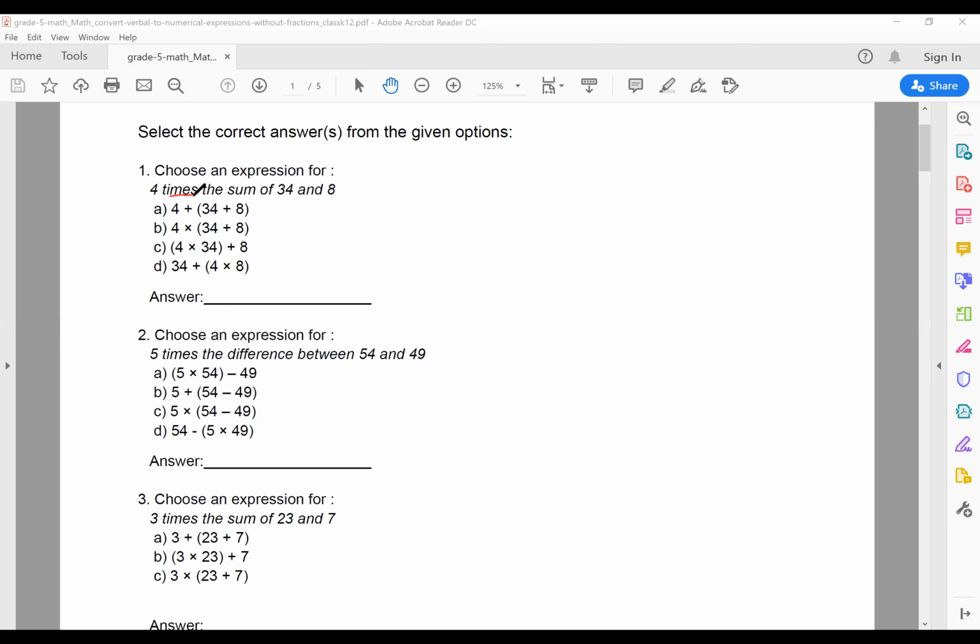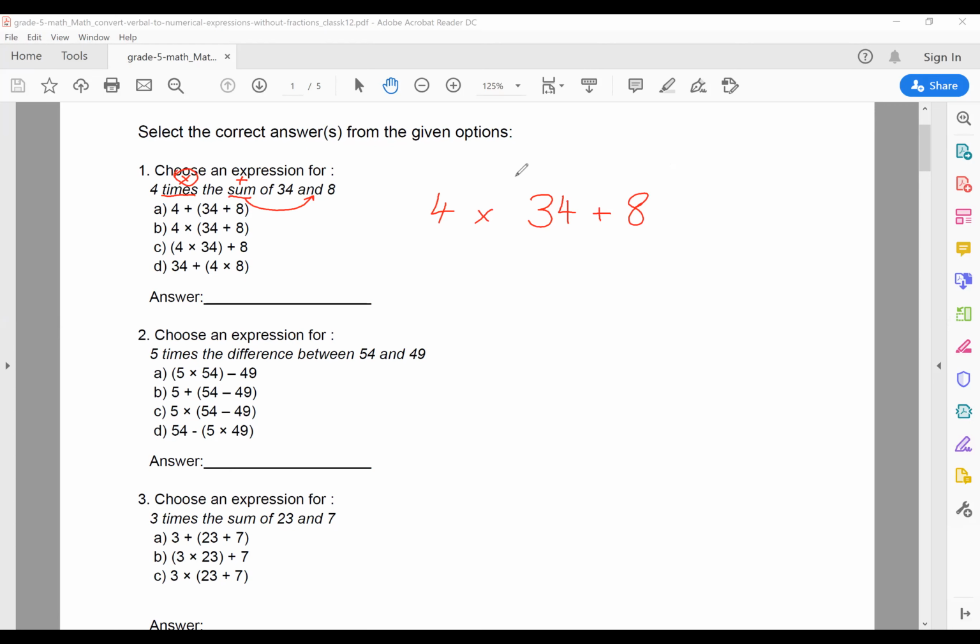4 times. Times means multiply. So 4 multiply the sum, which is addition of what? 34 and 8. Again, in this case, we need to understand what we are supposed to solve first.